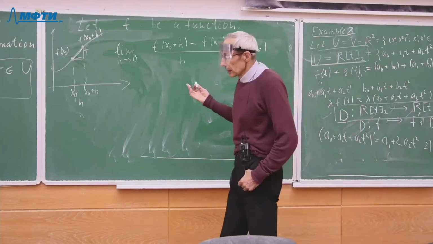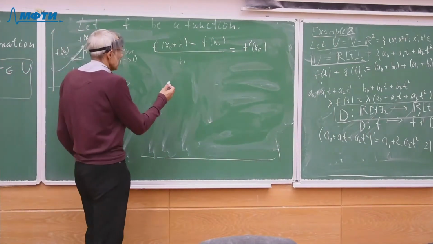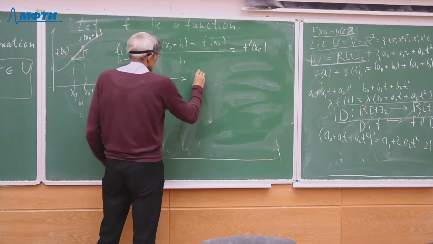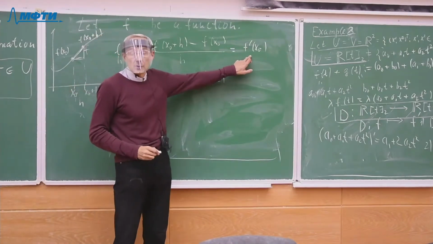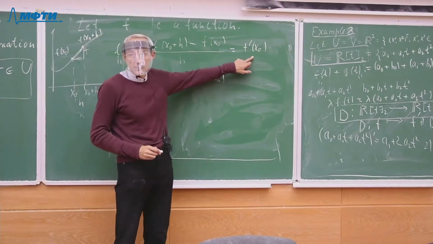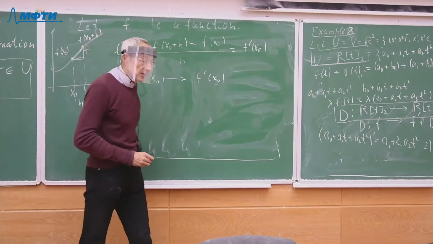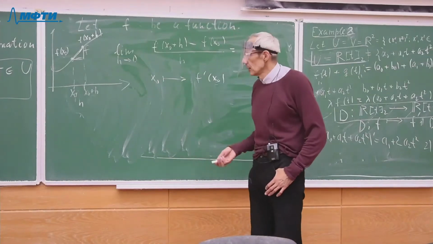And we can consider a function which corresponds to an arbitrary point x0, the value defined in such a way. And this correspondence is a new function which is called the derivative.